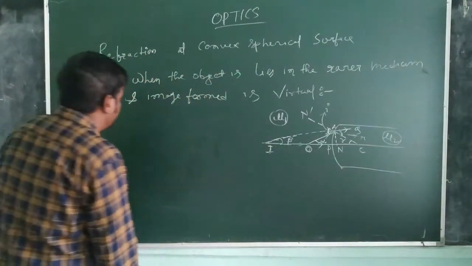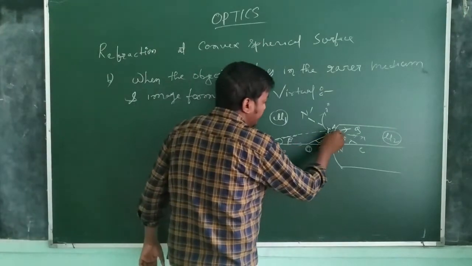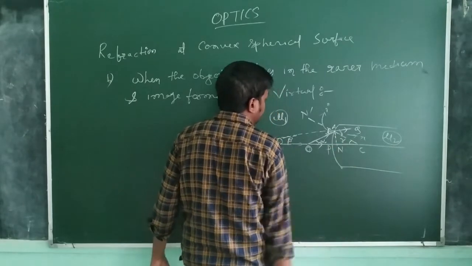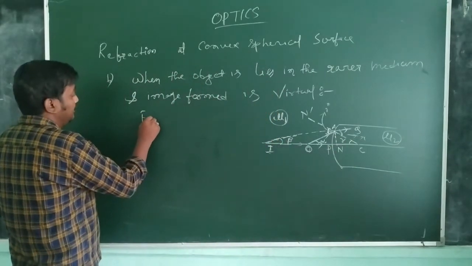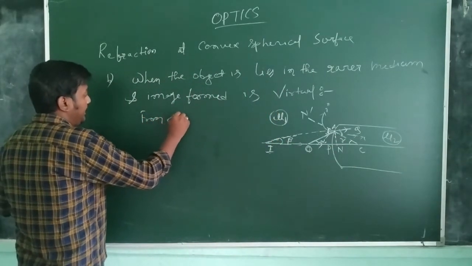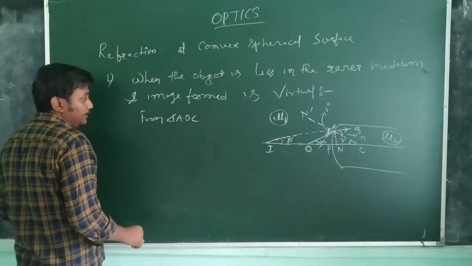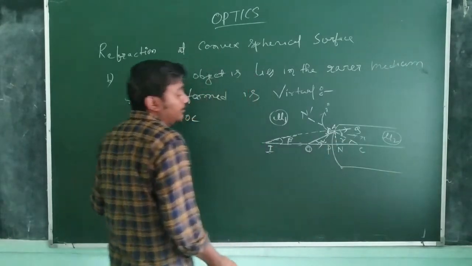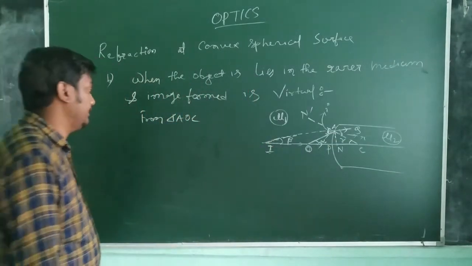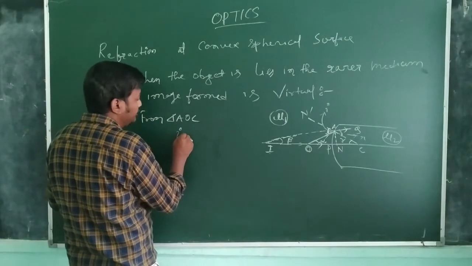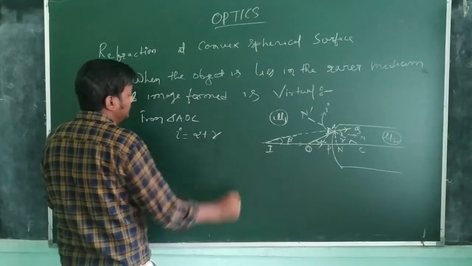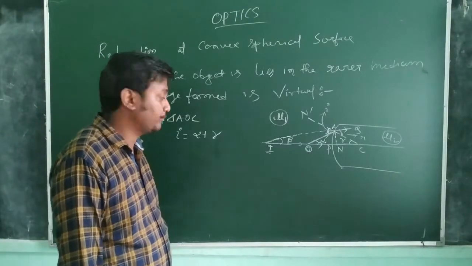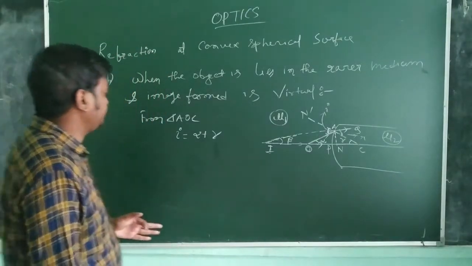First we consider triangle AOC. In triangle AOC, i is the exterior angle and alpha and gamma are the opposite interior angles. So we can write i equals alpha plus gamma.